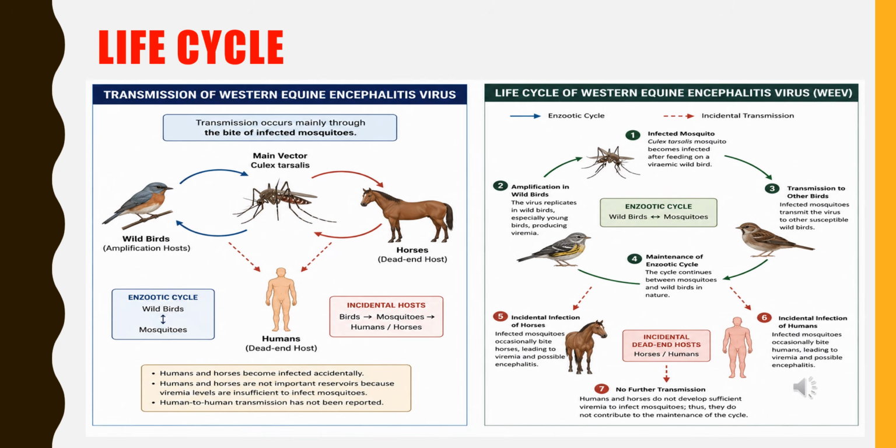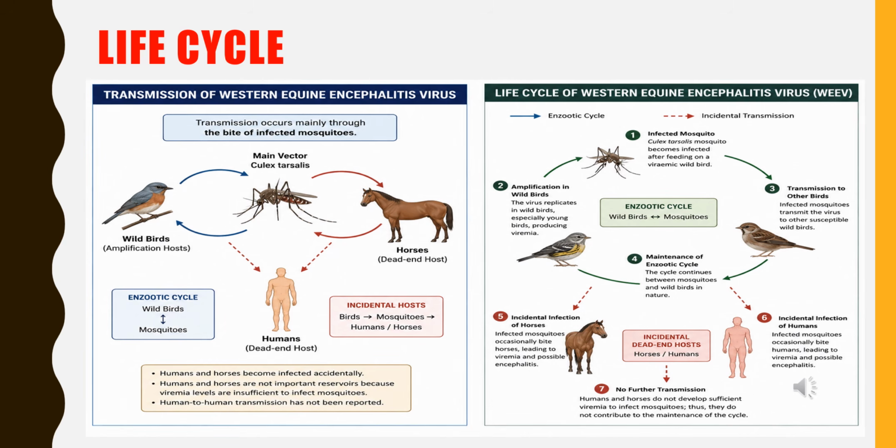The way the disease develops starts with a mosquito bite, but the virus begins to multiply at the site of the bite. Then it enters the bloodstream and causes viremia.